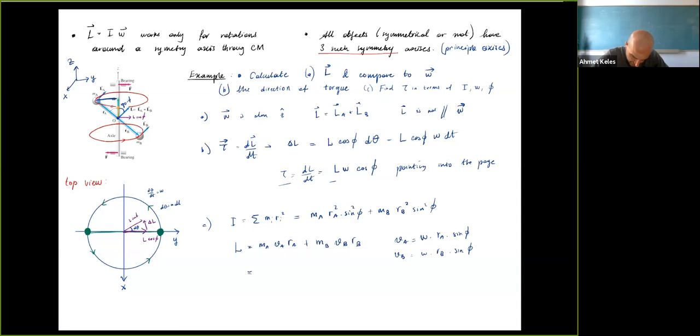Then this is equal to MA, one RA here, one RA here, RA squared, and maybe I can take inside the parentheses because I don't want to write these again and again. So this is plus MB RB squared, times omega times sine phi. Good.